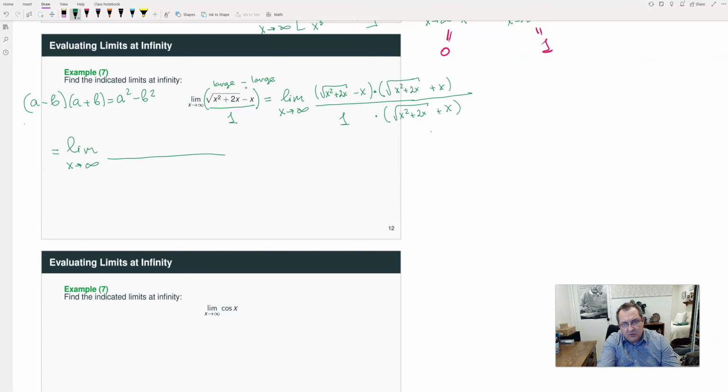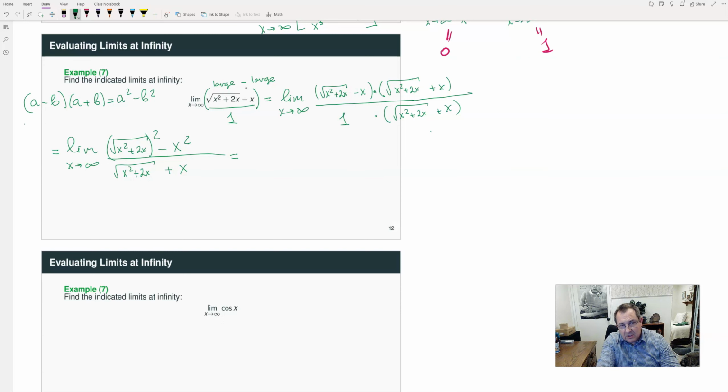Using the formula in the numerator, we realize that we will have square root of x squared plus 2x everything squared minus x squared. And in the denominator, we will have square root of x squared plus 2x plus x. There is additional simplification in the numerator.